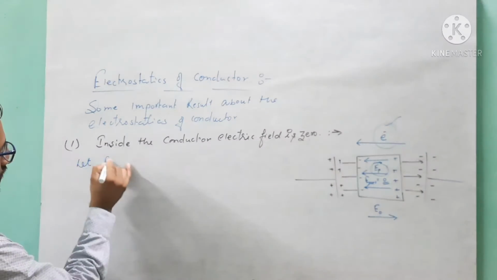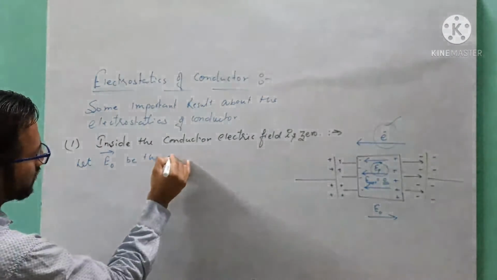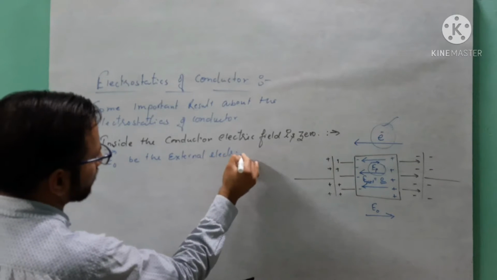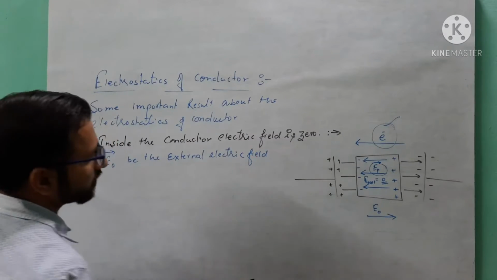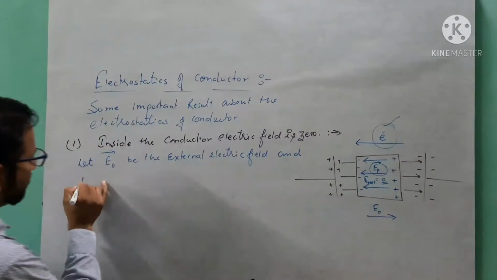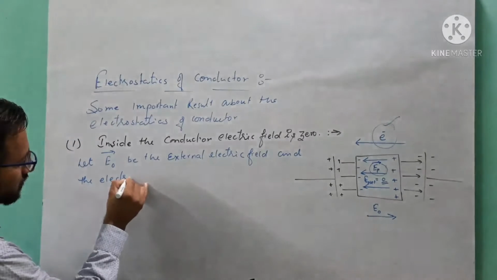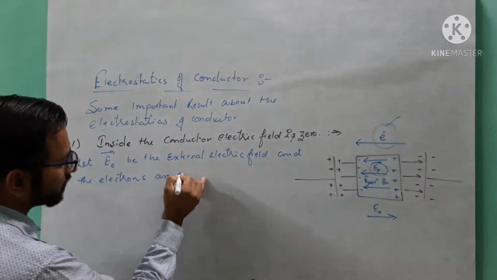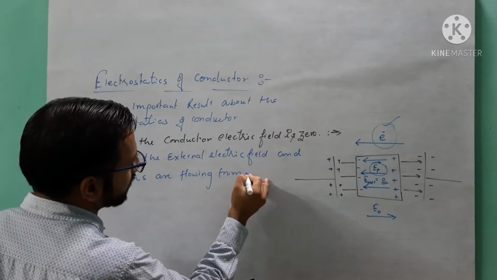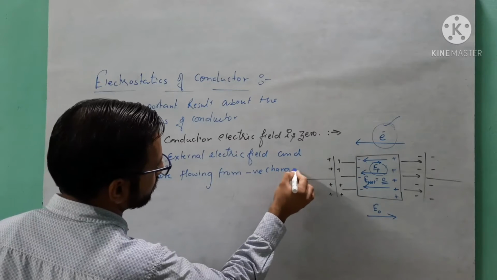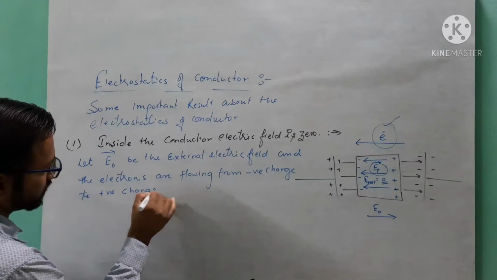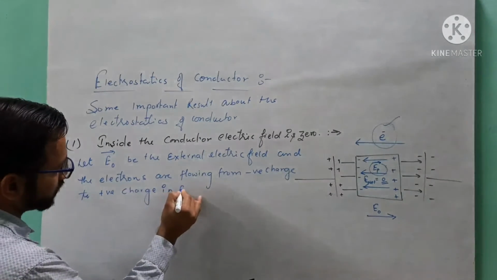Let E0 be the external electric field, having direction as you can see from the diagram, and the electrons are flowing from negative charge to positive charge in E0. Got it?